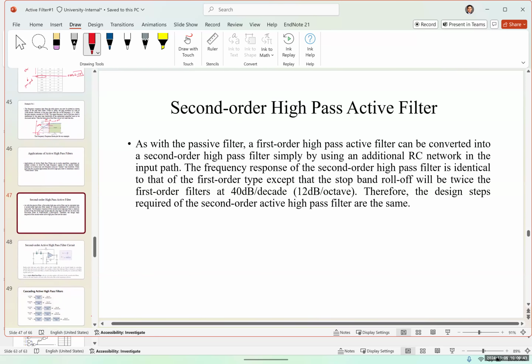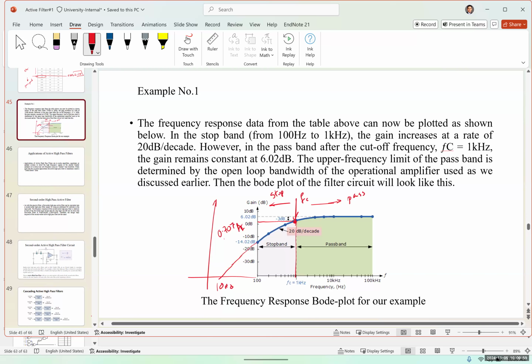Second order high-pass filter. So by adding another passive filter, another capacitor and resistor to the system, we can create a second order high-pass filter. Why do we need a second order high-pass filter? From this previous picture, we can see that this high-pass filter is not very accurate.